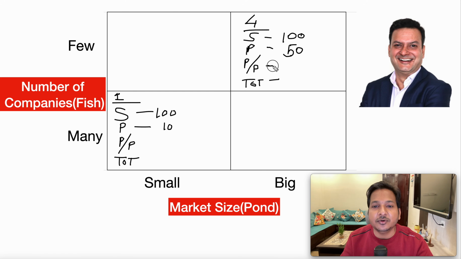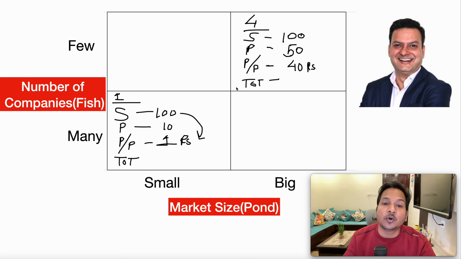Now here very few players are there, so of the 50, 80 to 90% one bigger player will get. Suppose he gets 40 rupees. And here 10 companies are there, so each company will get only 1 rupee profit. Here he is getting 40 rupees profit on a sale of 100 rupees, here he is getting 1 rupee profit on a sale of 100 rupees. So this is the difference in these two sectors.